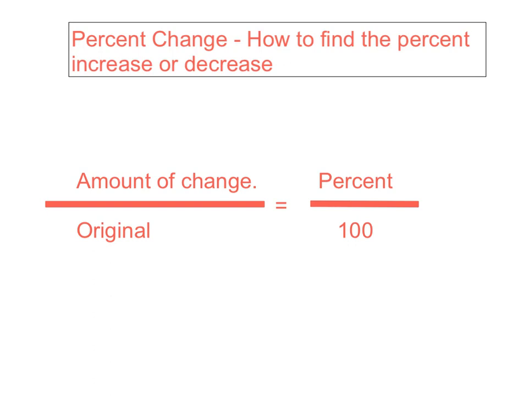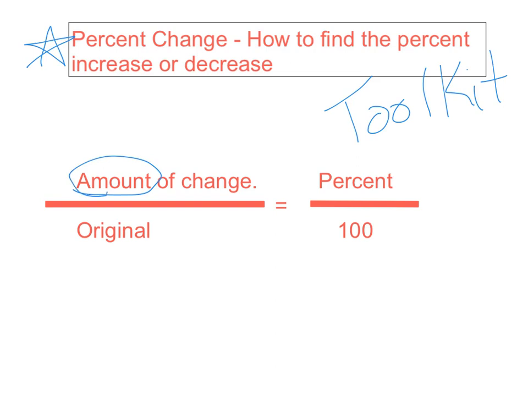Okay, so here we're going to talk about the rule. If you haven't already, you are going to write this in your toolkit. This is the toolkit info. The percent of change is how to find the percent increase or decrease. The first thing is you have to find the amount of change, so you subtract the two numbers.